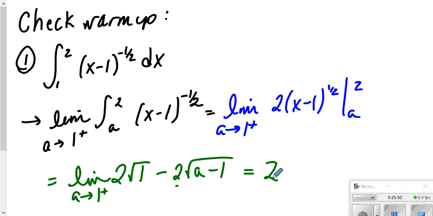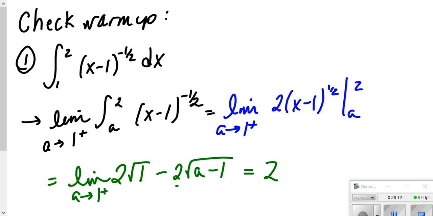So that one happened to work out, even if I blew past that discontinuity. So that was lucky, but we can't always count on the luck getting us through. There are plenty of times when I blow past an asymptote and it's going to be a problem. Okay, this particular one happened to be okay.